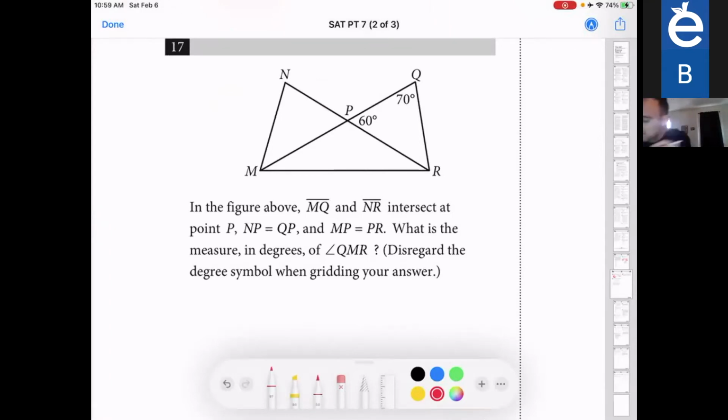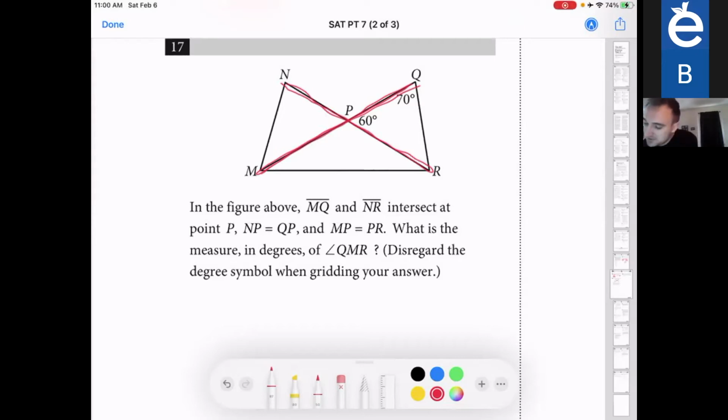In the figure above, segment MQ and segment NR, MQ here and NR here, intersect at the point P. NP is equal to QP, and MP is equal to PR.